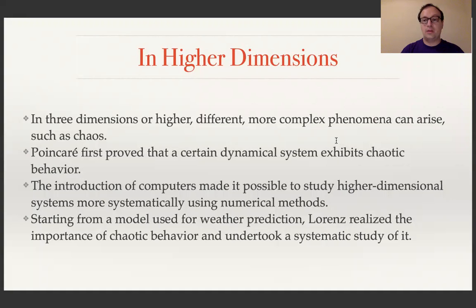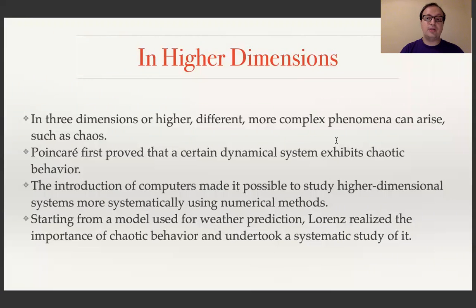The behavior of two-dimensional systems is more complicated than in one dimension. You can imagine that in 2 dimensions, for example, the trajectory of a solution can be a circle, whereas in 1 dimension, we have no circles.